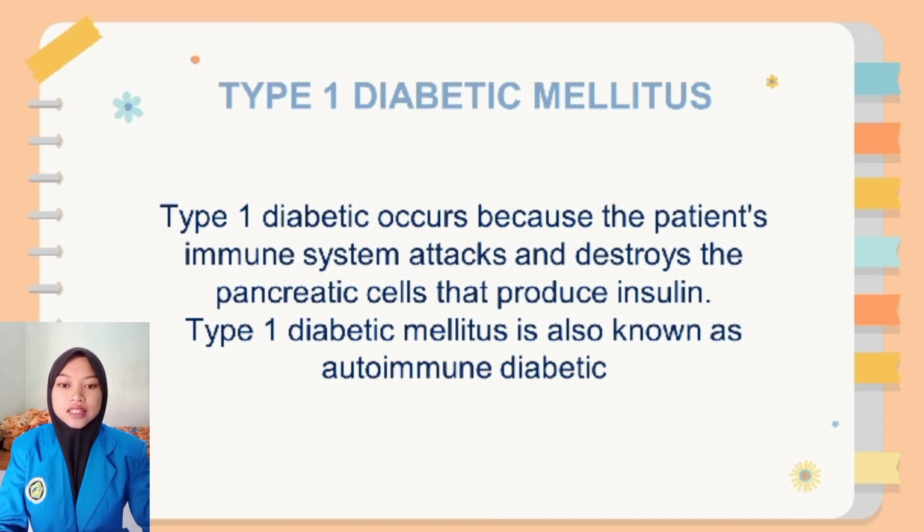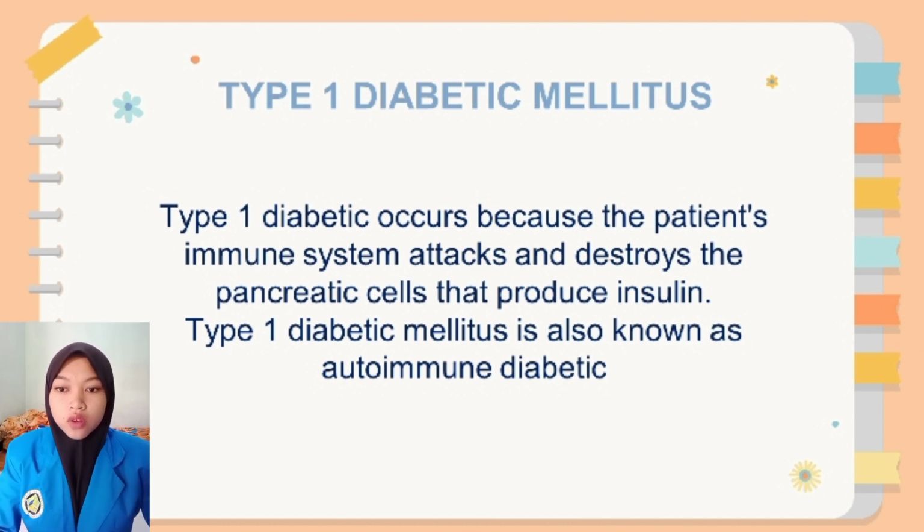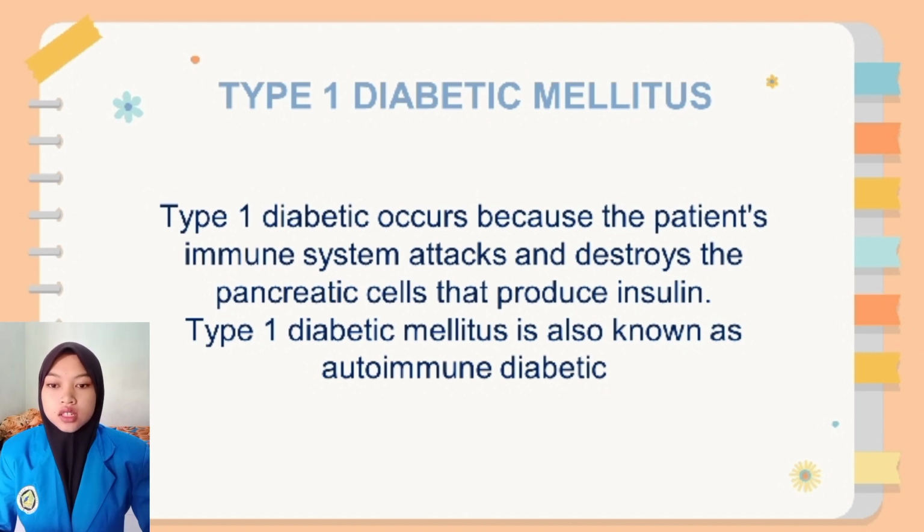Scientists believe that environmental factor in the form of viral infection or nutritional factor in children or early adulthood cause the immune system to destroy insulin production cell in the pancreas.